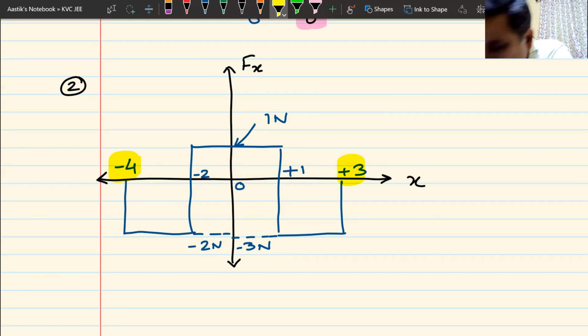Let us see who can understand how to do this. Now, this is the question that can come because this is a 1-dimensional force. What is the work done by this force?